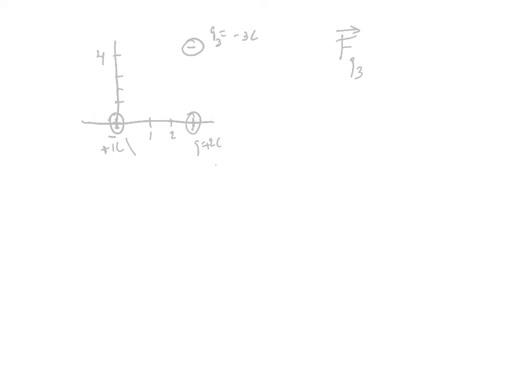Meaning that we are going to erase the charge Q3 and leave it for the end. So now we imagine that at the point (3,4), this point, we are going to calculate the electrical field.